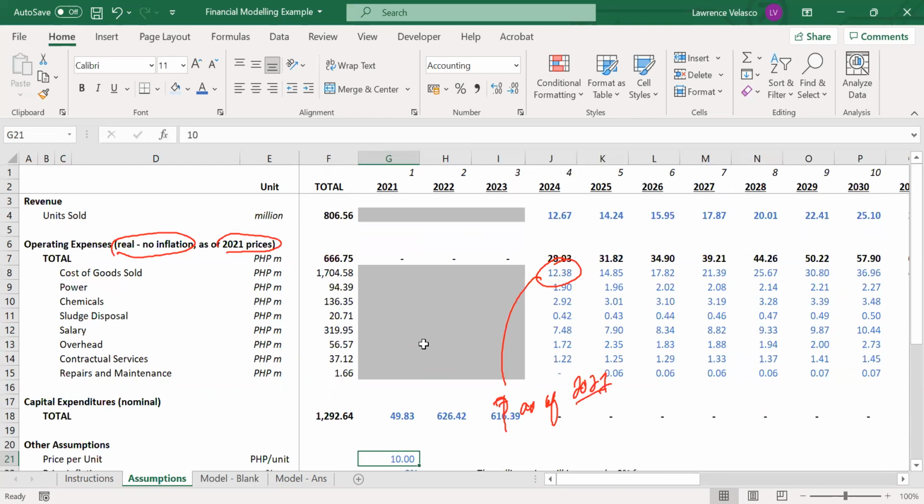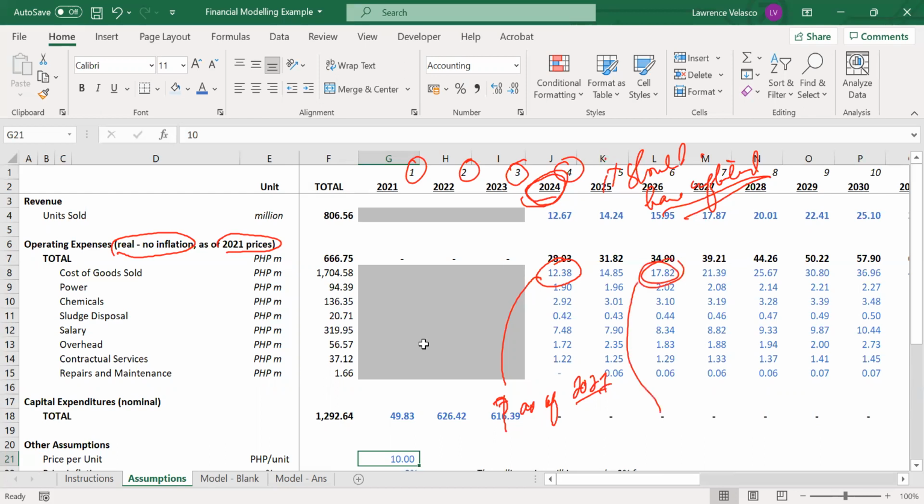So therefore, yung 12.38 na yan, pag in-spend mo yan sa 2024, it should have inflated by 1, 2, 3, 4 years, right? So that it will be attuned to what is the inflated prices by 2024.